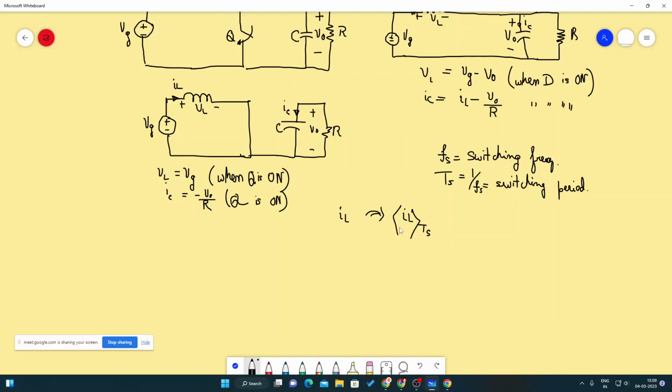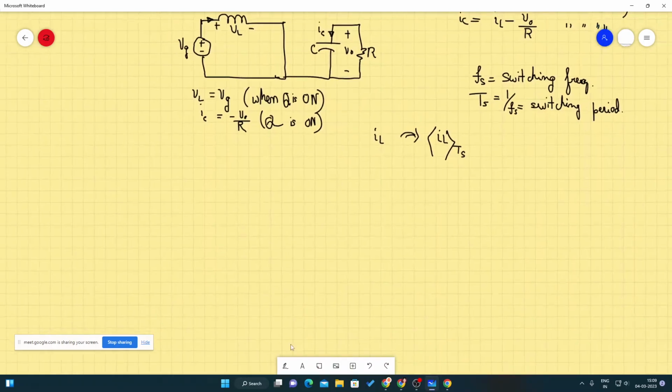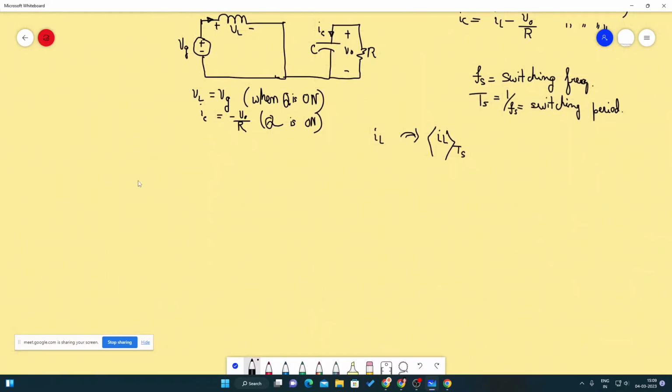This is the notation we will be using. Now let's write down the expressions.